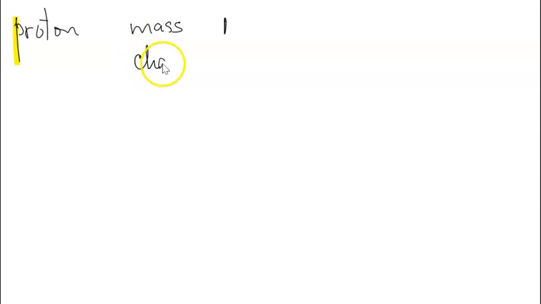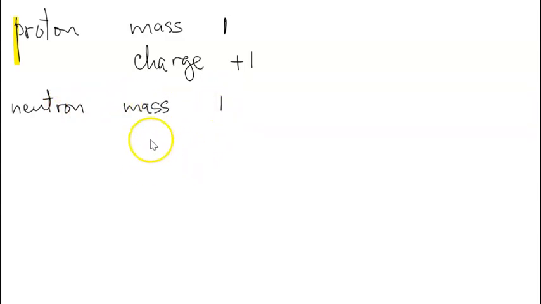Let's look a little closer at these three particles. The proton has a mass of 1 and a charge of +1. The neutron has a mass of 1, charge 0.